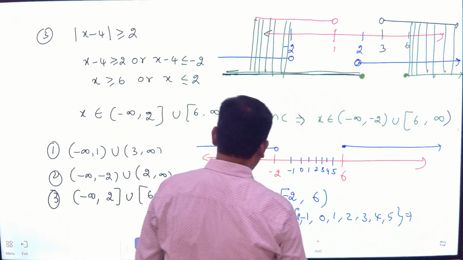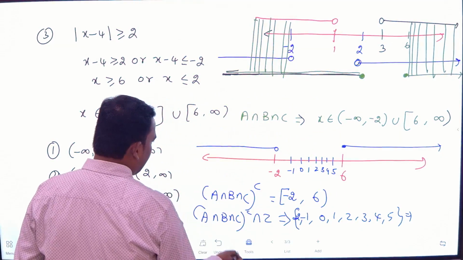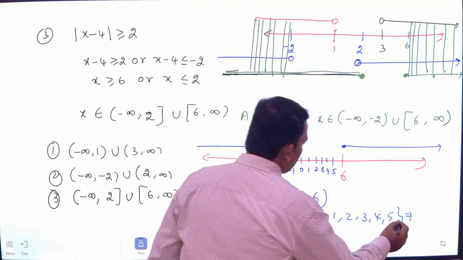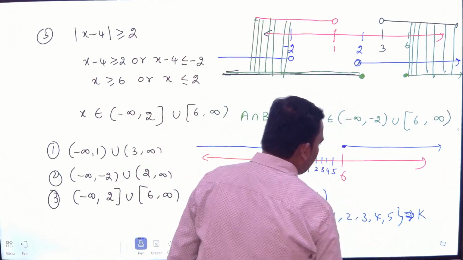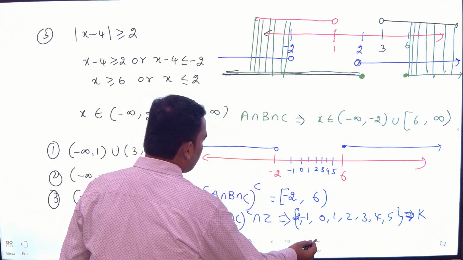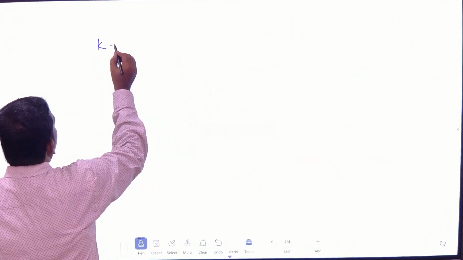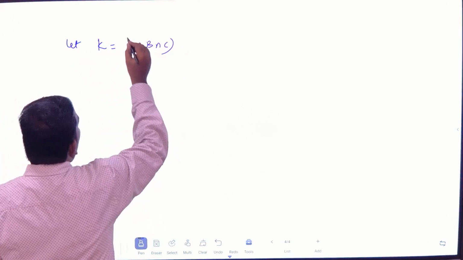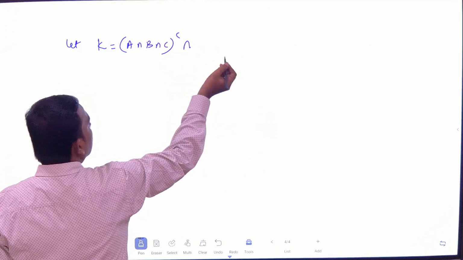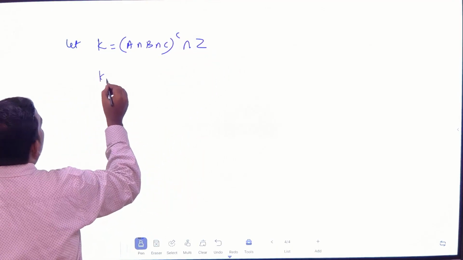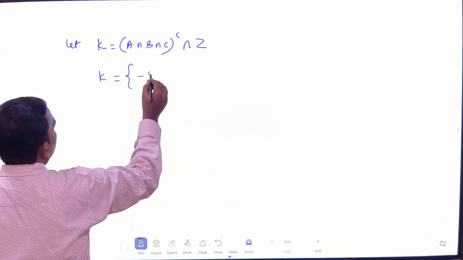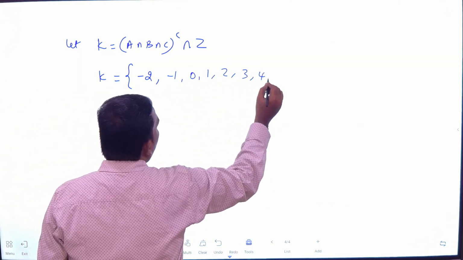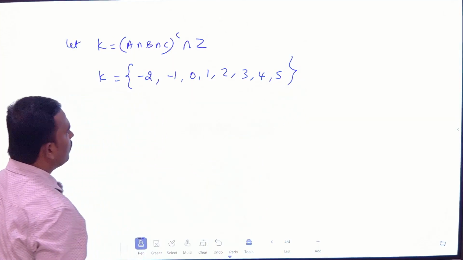So therefore, let's take this set, suppose, K. Let K be equal to A intersection B intersection C whole complement intersect with Z. So how many elements are there? Integers: minus 2, minus 1, 0, 1, 2, 3, 4, 5, because 6 is not included here.